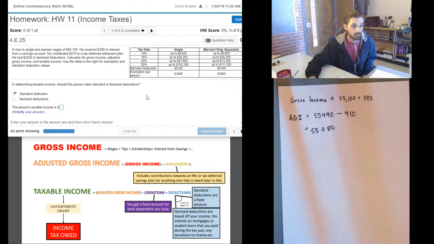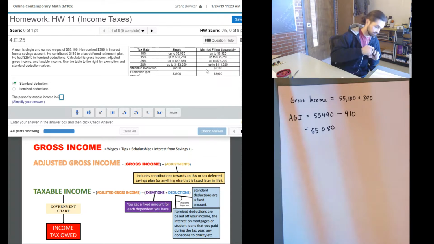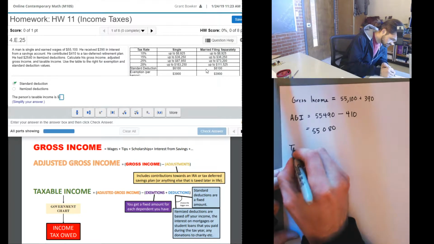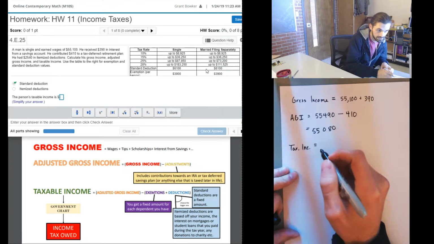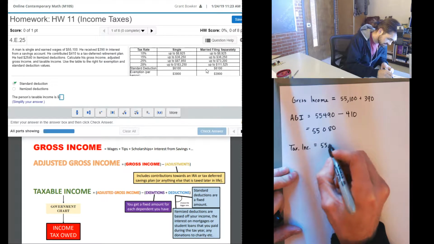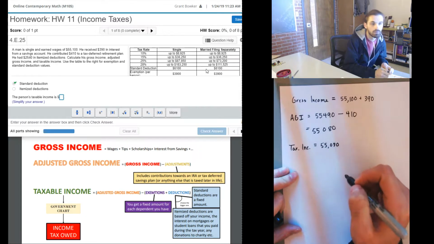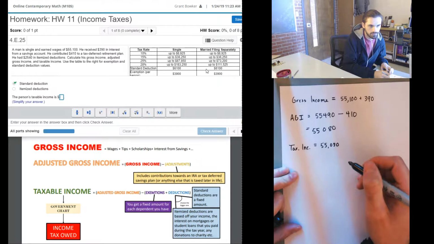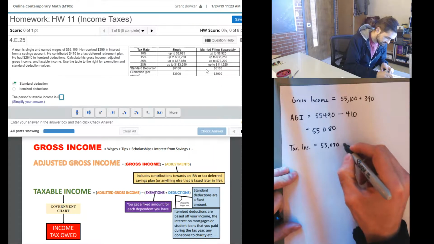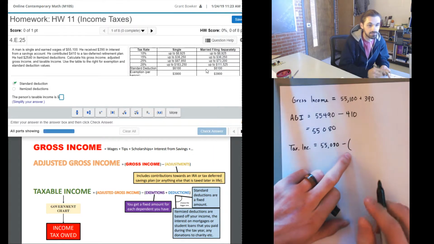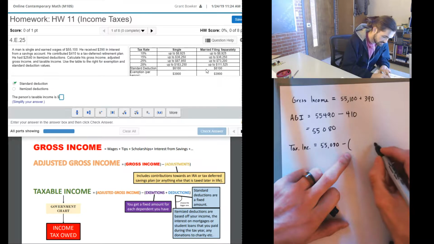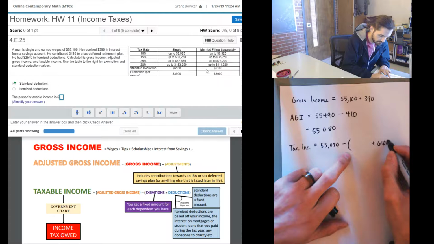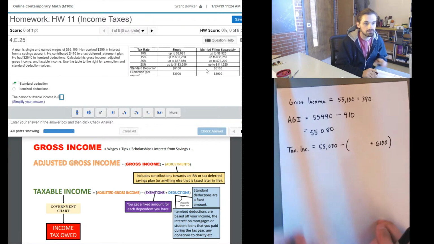All right, the person's taxable income. Taxable income is going to be the adjusted gross income, which was the $55,080, and we're going to remove exemptions and deductions. Deductions we already stated; we're going to do the standard deduction, so that would be the $6,100. Exemptions.